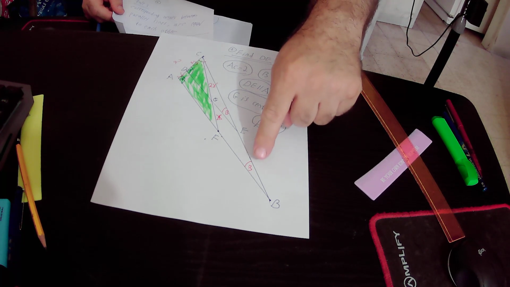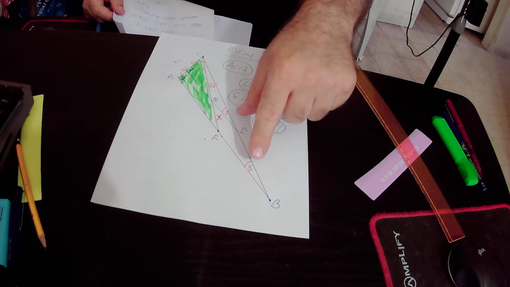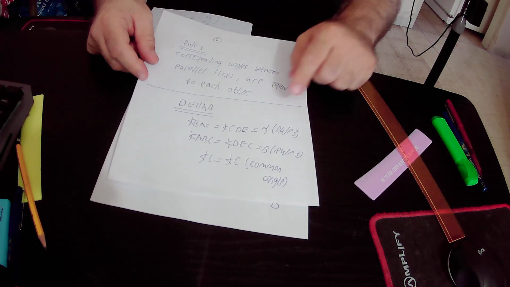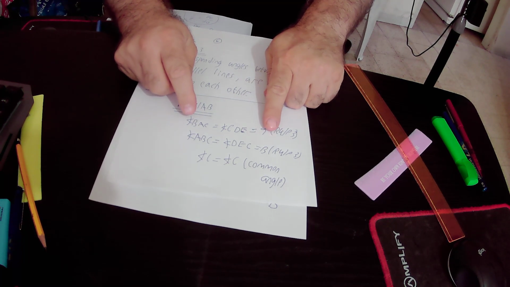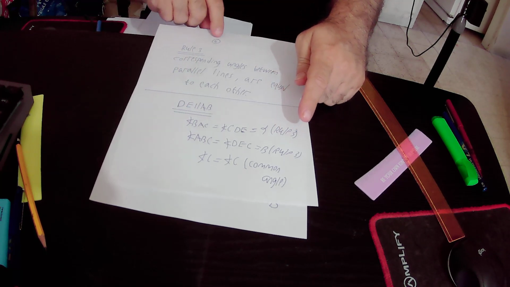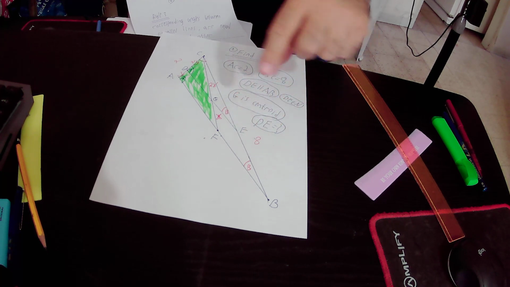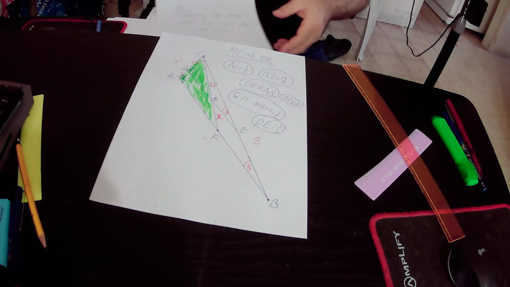If one angle is beta, then the other angle will also be beta. So angle ABC will be equal to angle DEC, and both of them will be equal to beta.